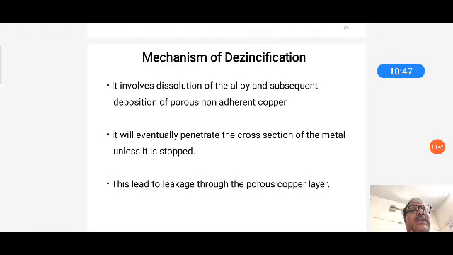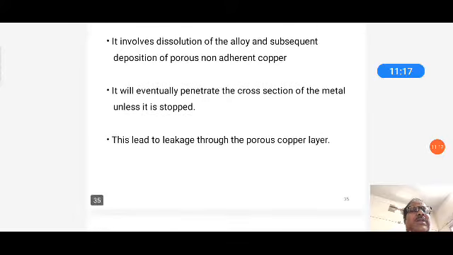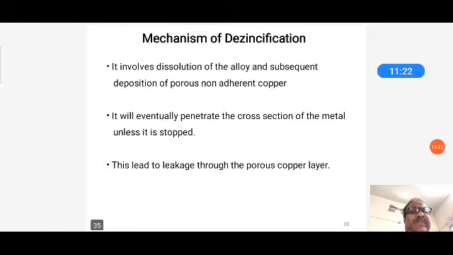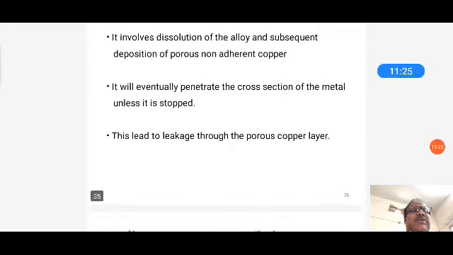The non-adherent porous copper layer is broken by the chloride atmosphere or other high-oxygen gases that attack it. The porous layer breaks and a leak forms into the interior body of the brass, so the zinc content decreases. This is known as pitting corrosion.